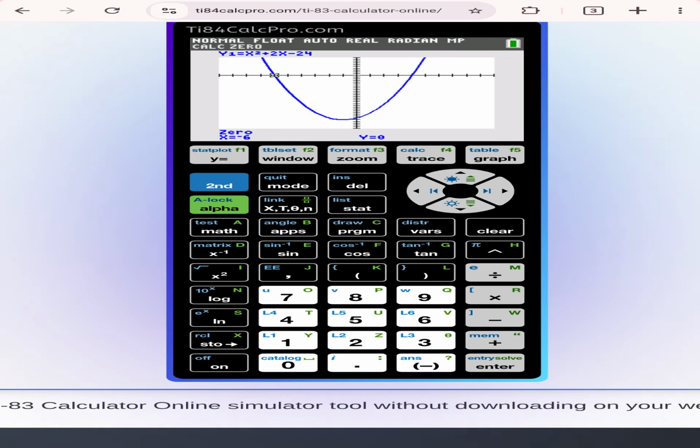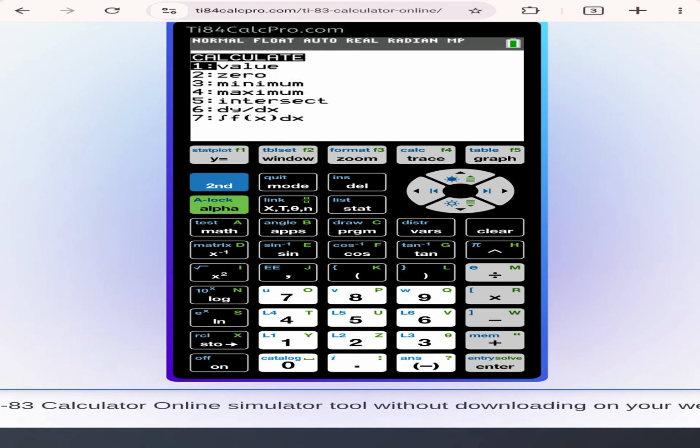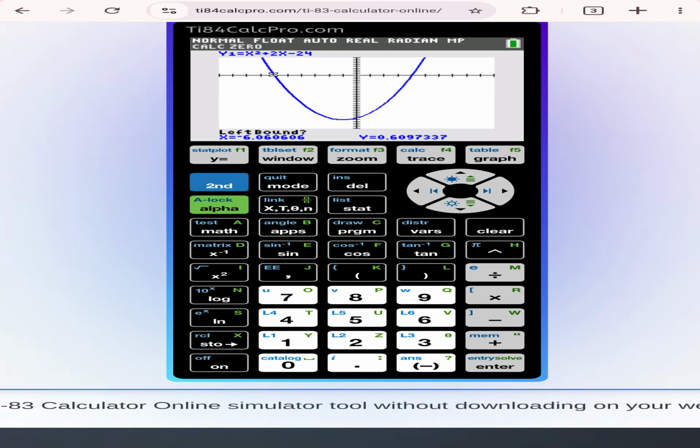Now that only shows me one, and there are two, so I need to find the other one following those steps. So I'll do 2nd Trace, pick number 2 for zero, and I want to come all the way over to the other side. And again, there's a bit of a delay, but that's okay, we're getting there. So I'm going all the way over to the other side.